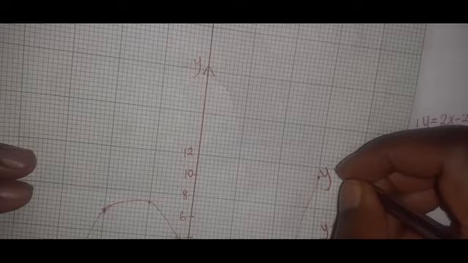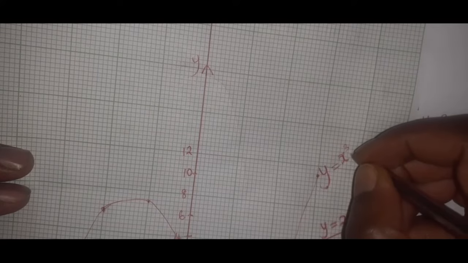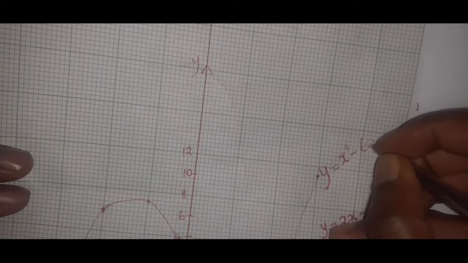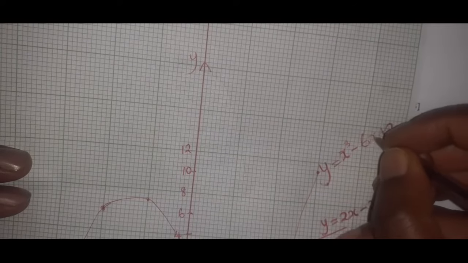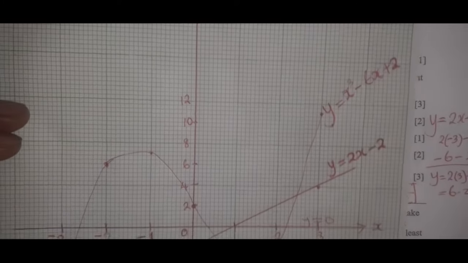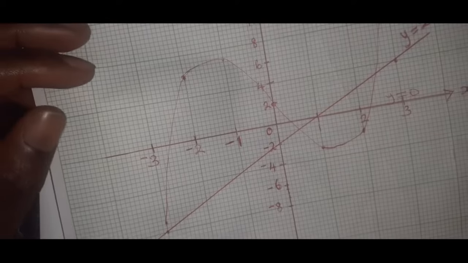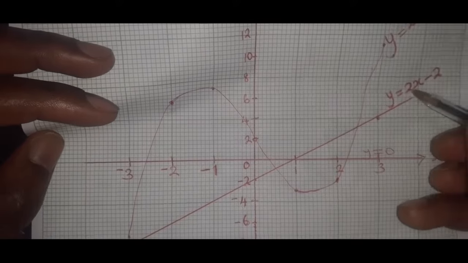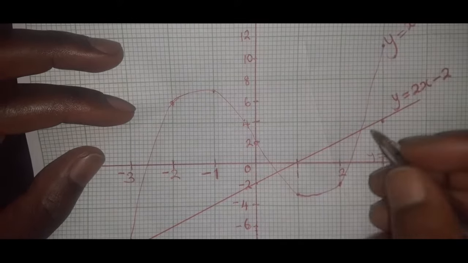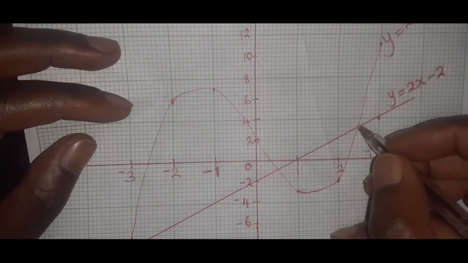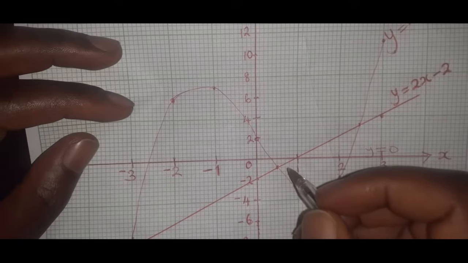The first one is y is equal to x cubed minus 6x plus 2, and the other one is y equals 2x minus 2. So we are saying to equate this to this one, looking at where they meet. What is the x coordinate?